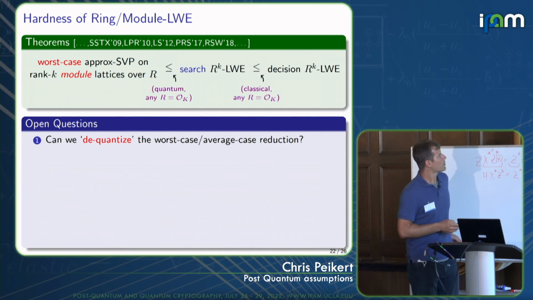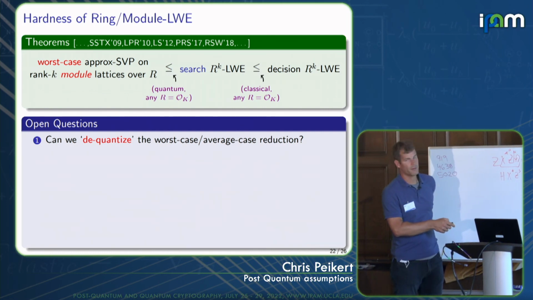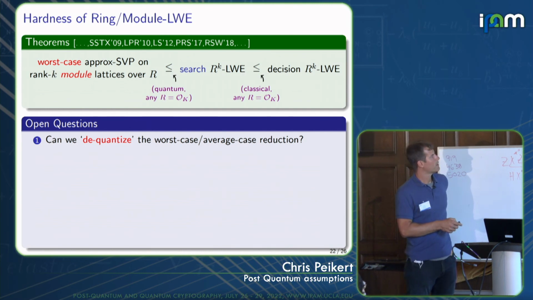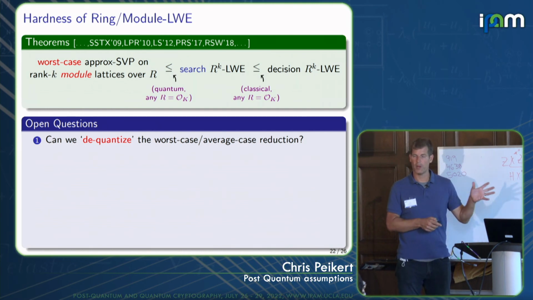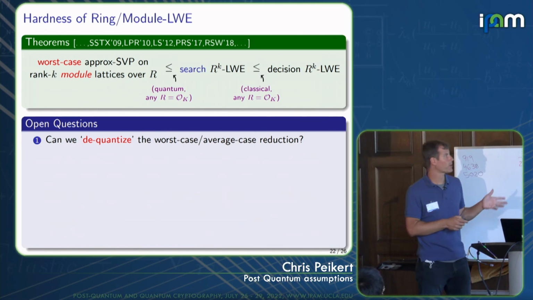Okay? So lots of open questions. This step here is quantum. And unlike with regular LWE, I don't think we have any meaningful dequantization of it. Not even partial, not even with worse parameters. We just seem to have to use quantum here. Can we dequantize it?